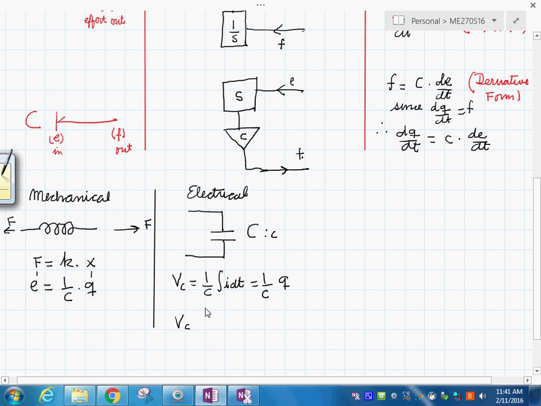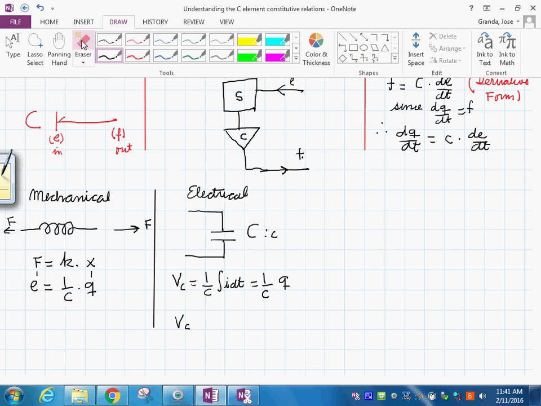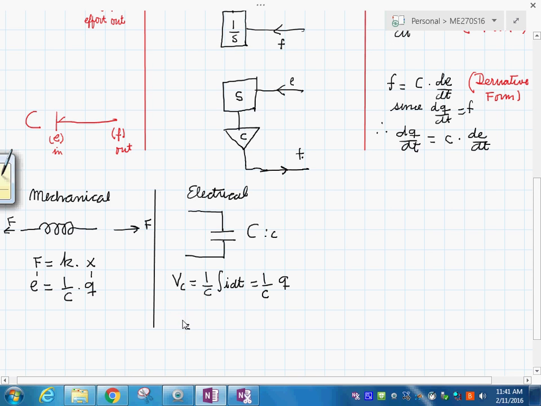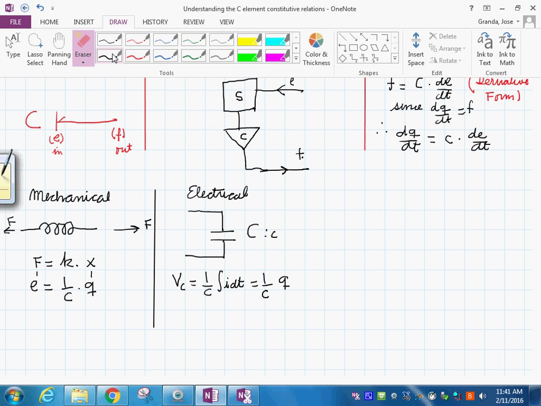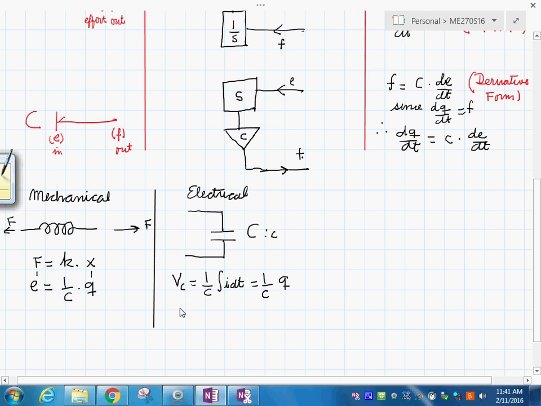This one here, if you want to write it in the integral form, this is like saying the force is equal to K times the integral of V dt, like this. Same thing. Yeah?